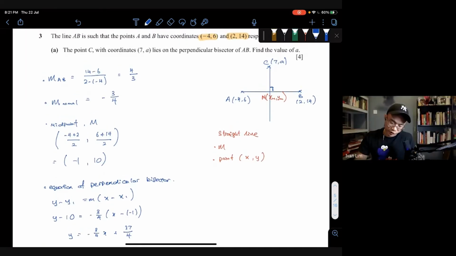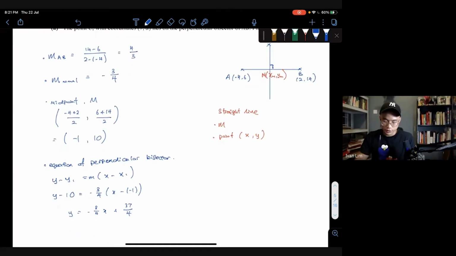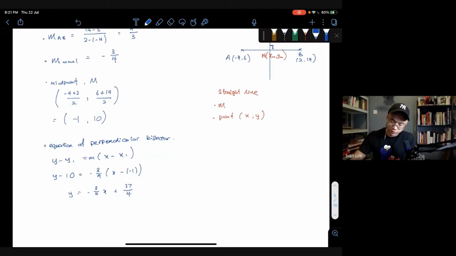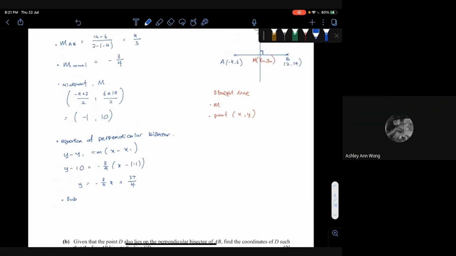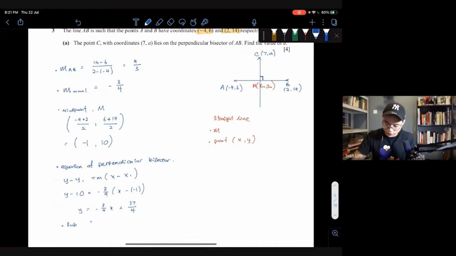What's our goal right now? We want to find the value of a. And point C lies on the perpendicular bisector, right? So I sub C, which is (7, a), into the equation of the perpendicular bisector.